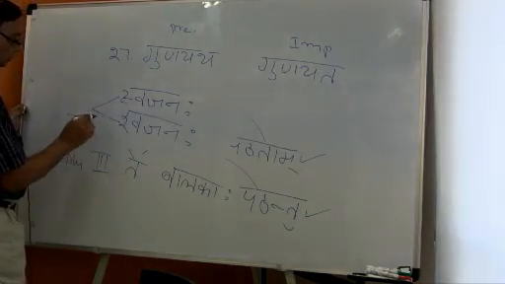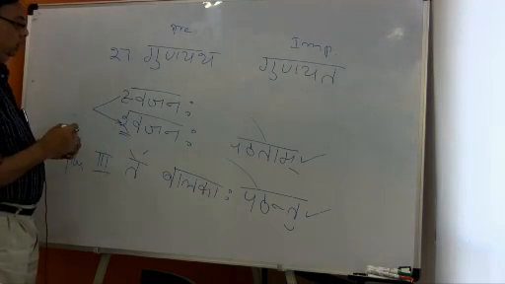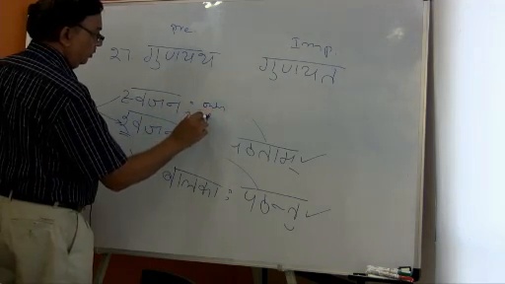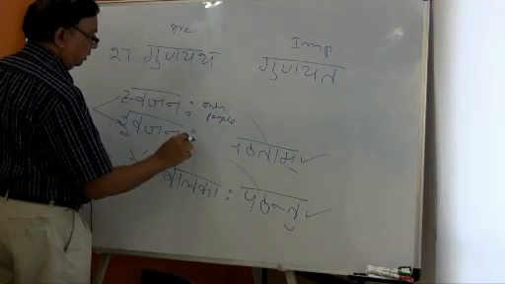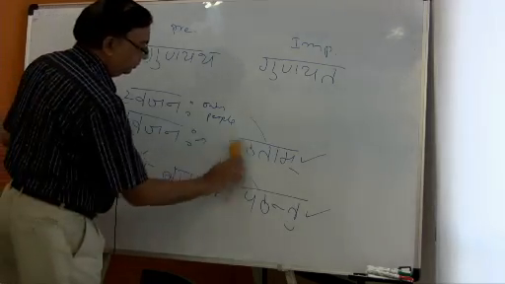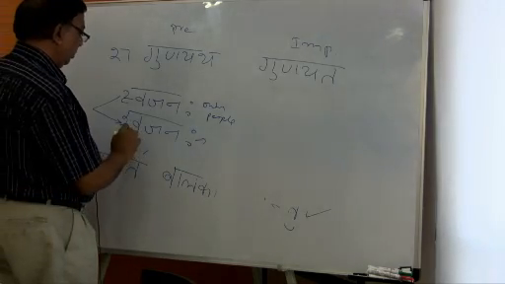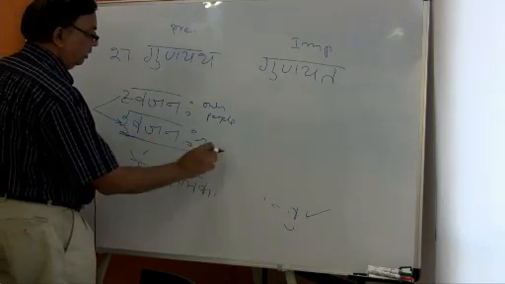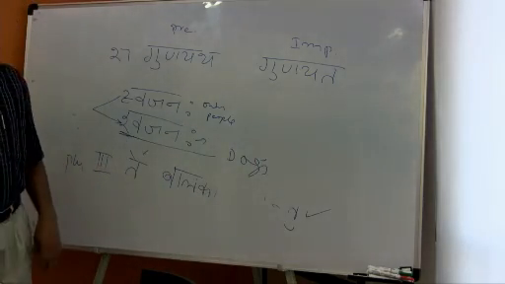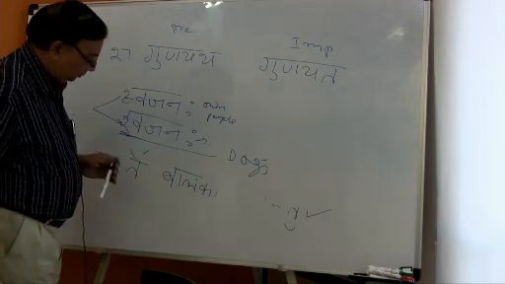If the pronunciation changes from this to this, then swajana means one's own people. Shwajana means dogs. Shwa means in Sanskrit dog. Now you can understand. Swa means own. Shwa means this, only this one letter.